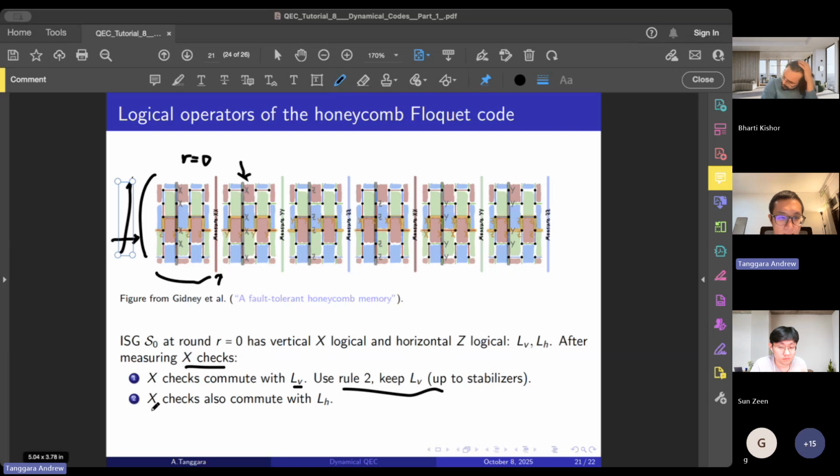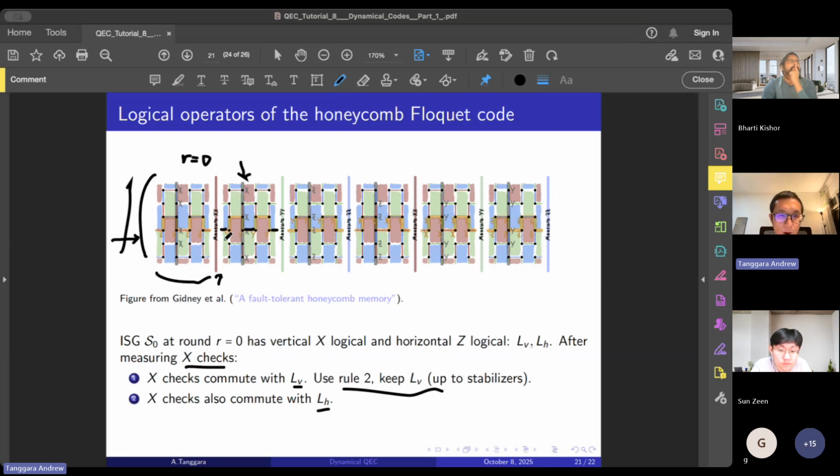And this should be a Z check. Oh no, that's an X check. Yeah, so that's correct. So this LH has Z's on it, but if you see here, it coincides with 2 qubits with the checks over 2 qubits, so they also commute with each other.